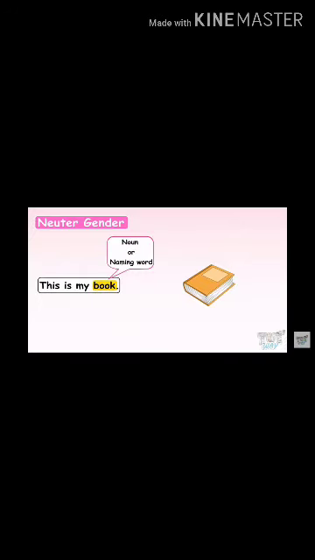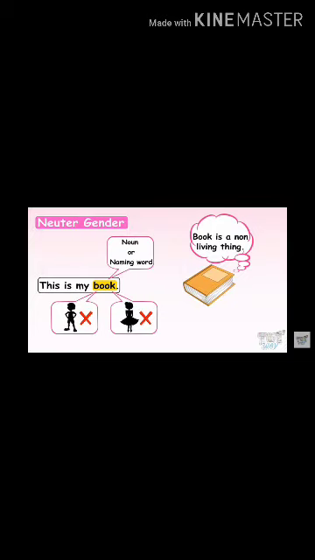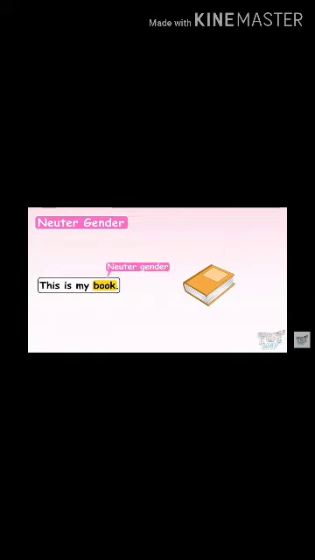So here is an example. This is a book, and book is a naming word, that is a noun. So which type of noun is this? This is a non-living thing, so it's a neuter gender, because it's not a male and not a female. So this book is a neuter gender.